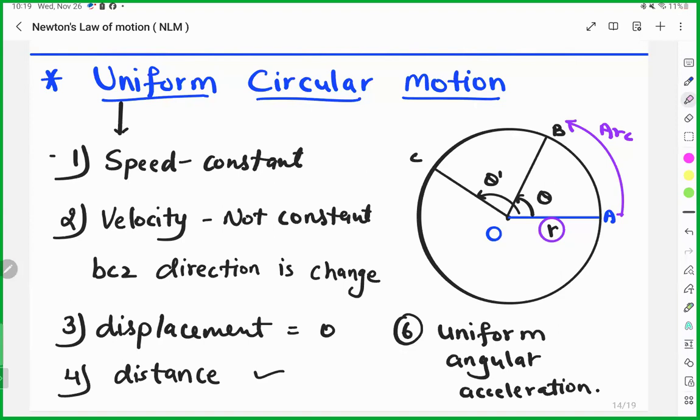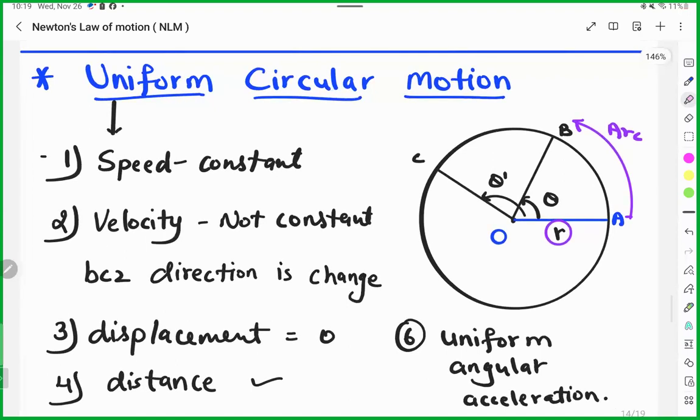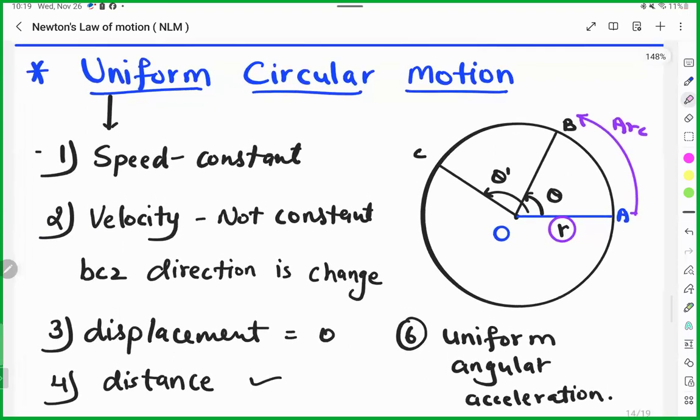And this is possible if you know this concept of banking of road and what the ideal speed should be, so the bike does not fall in the well and it can come out through the circular motion. So physics is so interesting. I always believe I should have done a physics master's degree and then research in physics.